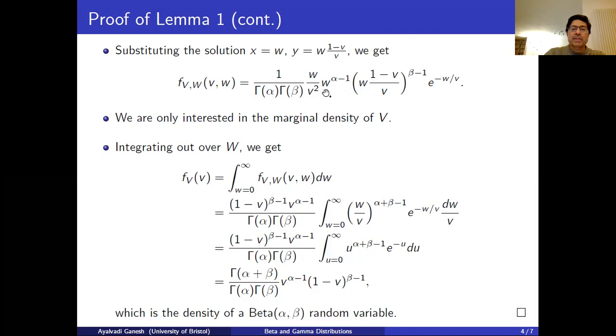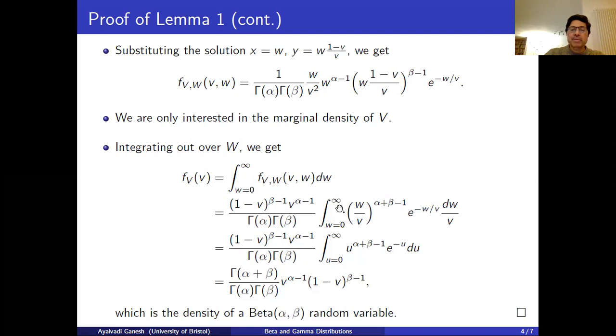So I'm going to write that as W over V to the alpha minus 1 times V to the alpha minus 1. Okay, I pull out all the terms that only depend on V from outside the integral. So I get V to the alpha minus 1, 1 minus V to the beta minus 1, and we get these constants that don't depend on W.